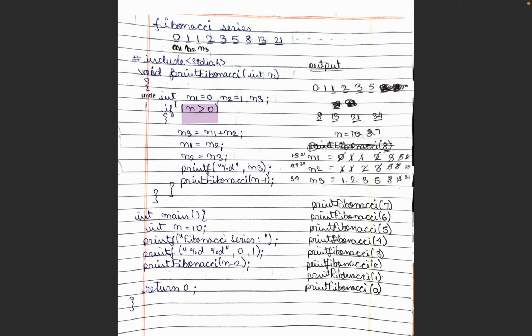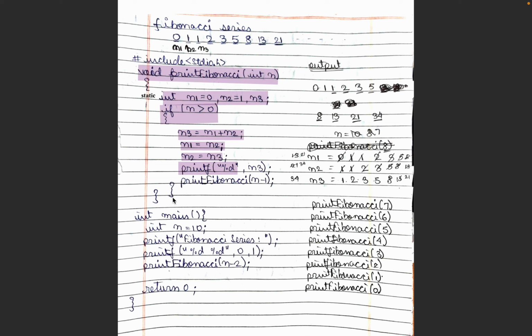It will not go inside this, it will directly end. See, I have not written any base condition. In my previous factorial recursion problem, a base value was there. Here we are not keeping any base value. Why? Because we are just printing some values in a series form.